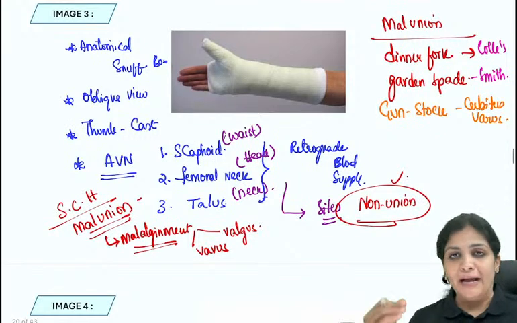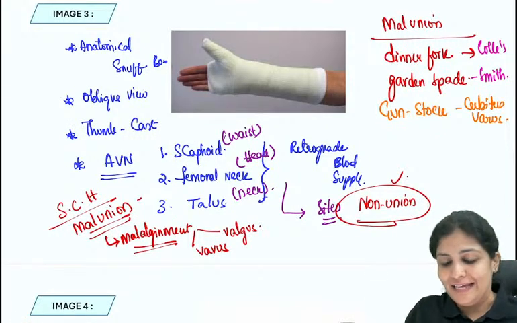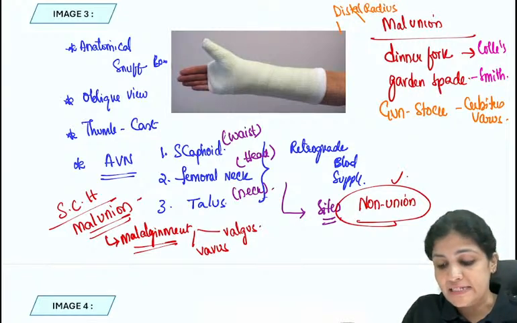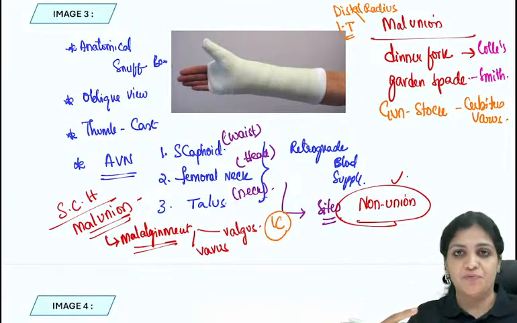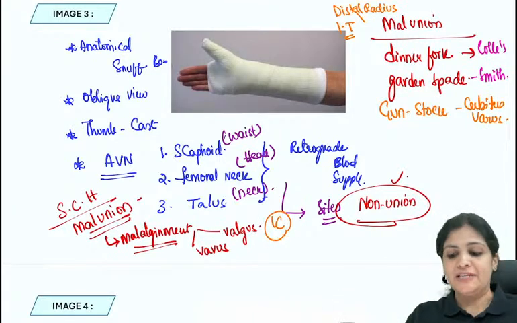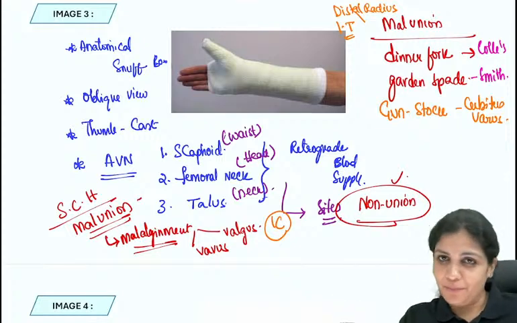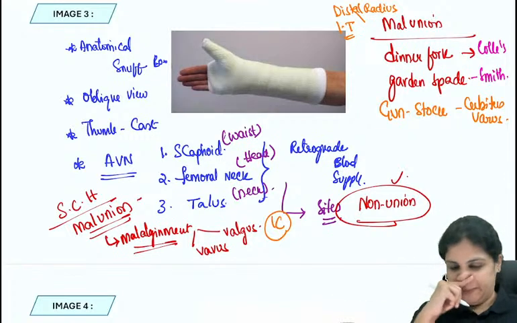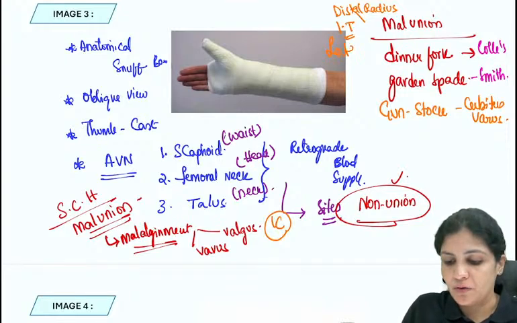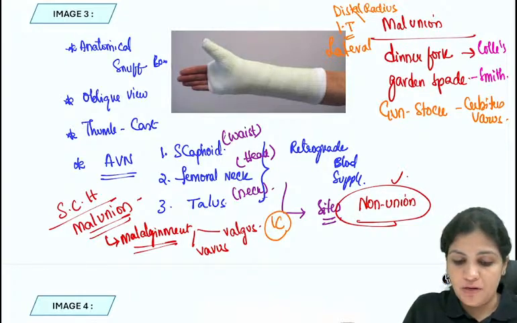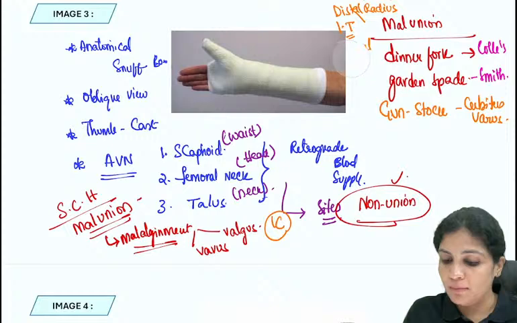Very good. So these are the malunions where the intertrochanteric and distal radius are the areas for malunions. Intracapsular is for non-union, intertrochanteric is your malunion, right? So these are the areas of malunion. Supracondylar is again malunion.